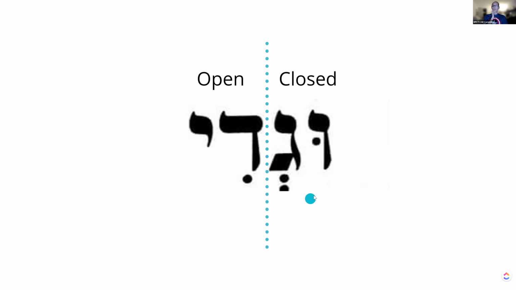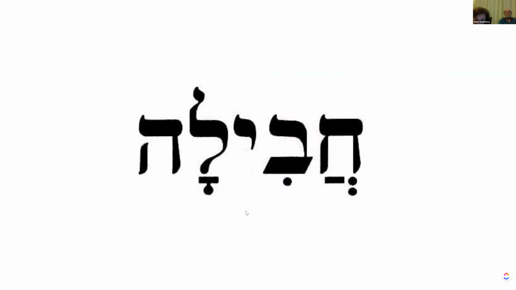Now let's pronounce each syllable separately and then put it together. Oog. D. And together, oog-D. Excellent. Everybody clear on that? Great. Okay, next one.